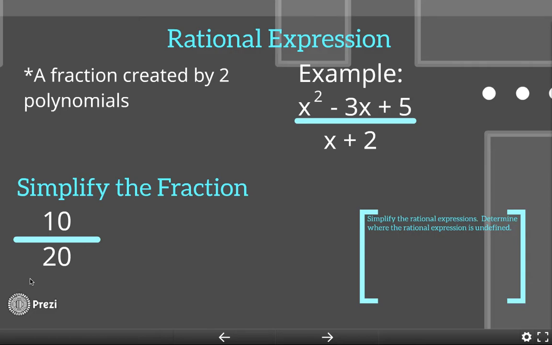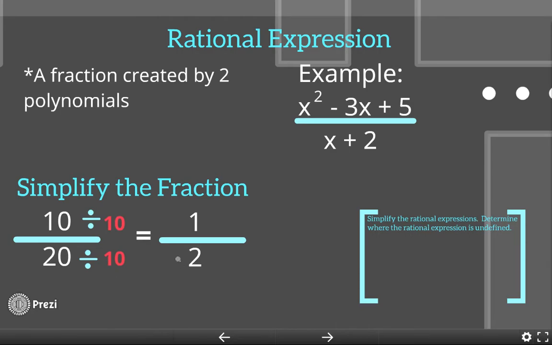What's the largest thing that goes into 10 and 20? Holy hot dog, you guys are so smart. 10. So we divide both by 10 to simplify this into 1/2, because 10 divided by 10 is 1 and 20 divided by 10 is 2.